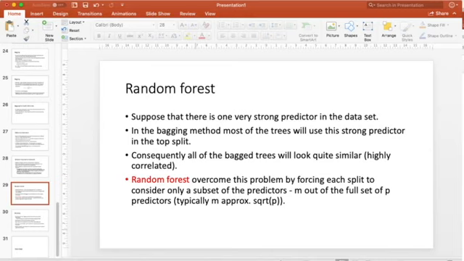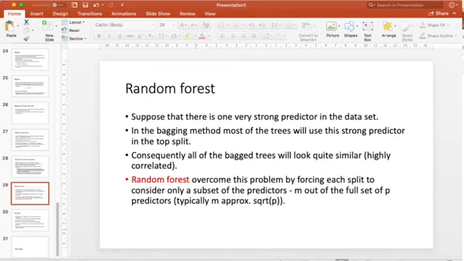So in bagging, most of the trees will use this strong predictor in the top split. Consequently, all of the bagged trees will look quite similar, and thus they are highly correlated. However, the random forest overcomes this problem by forcing each split to consider only a subset of the predictors, which is M out of the full P predictors.